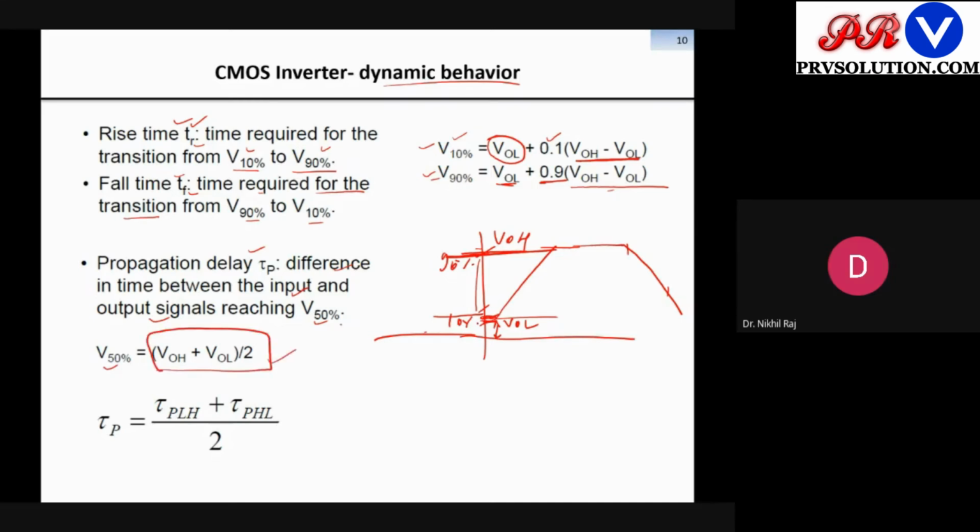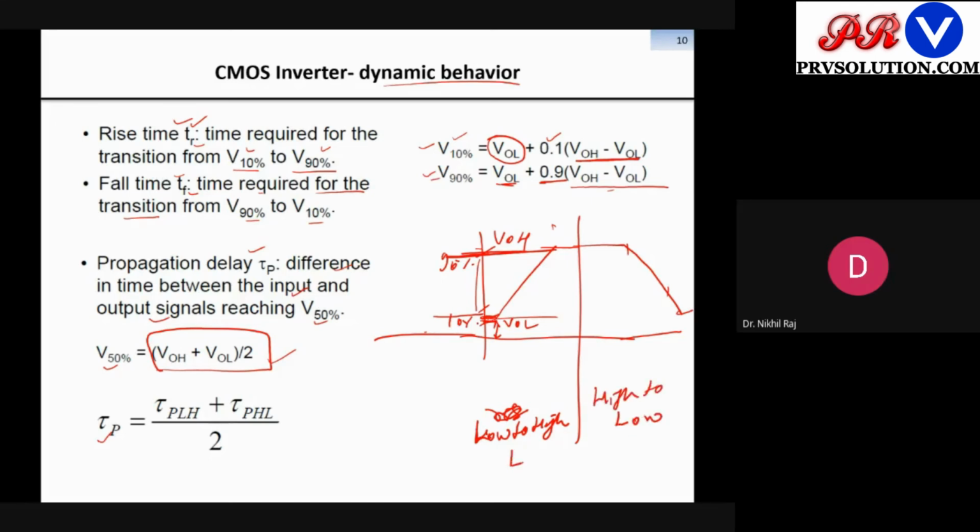So the 50% calculation is done by VH plus VL divided by 2, and the total propagation delay is given by, now suppose this is the curve. What type of transition is this? Low to high, and this side is high to low.